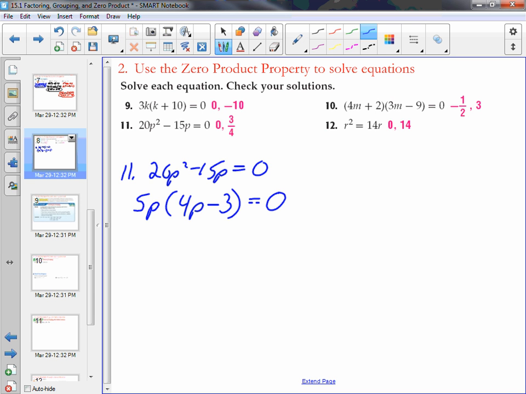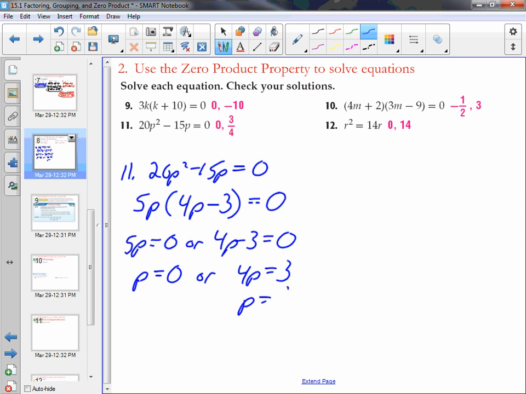So now apply your 0 product property. Either the first factor equals 0 or the second one does. On the first equation then, divide by 5. The second equation, add 3 to both sides and divide by 4. And we get 0 or 3 fourths. Any others?